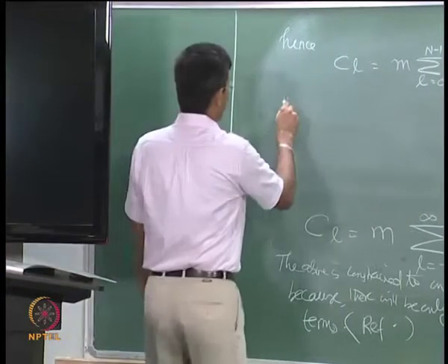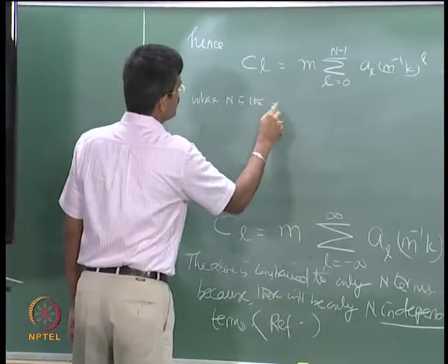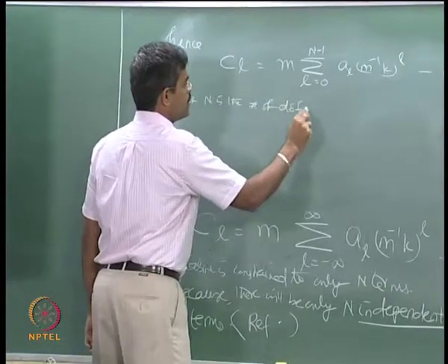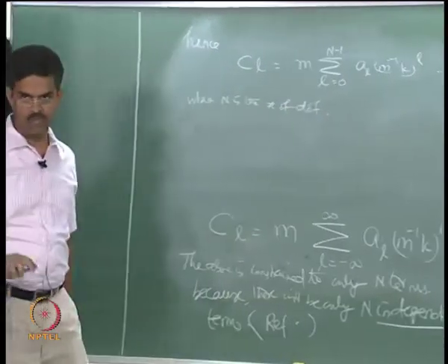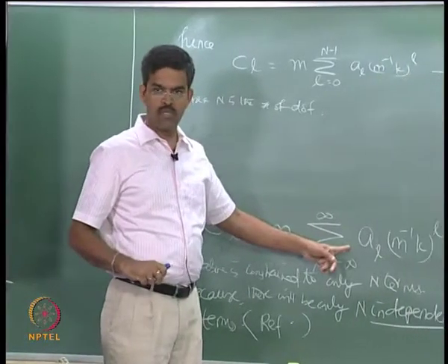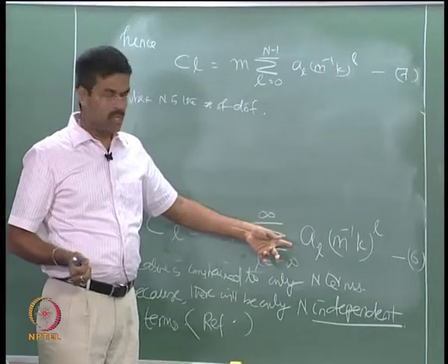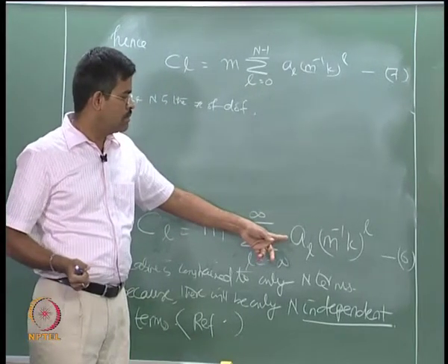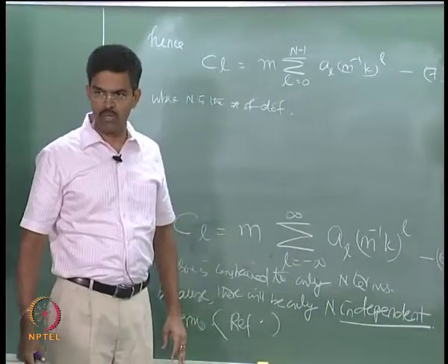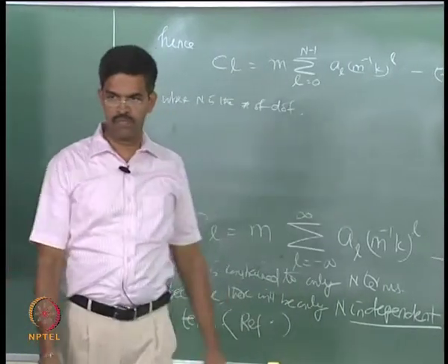Then, where n is the number of degrees of freedom. Okay. It is because of this problem, when you try to model numerically any structural system and find out the eigenvalues, instead of 6 degrees of freedom, you will get n number of eigenvalues.